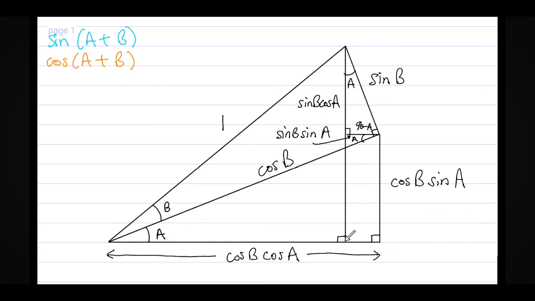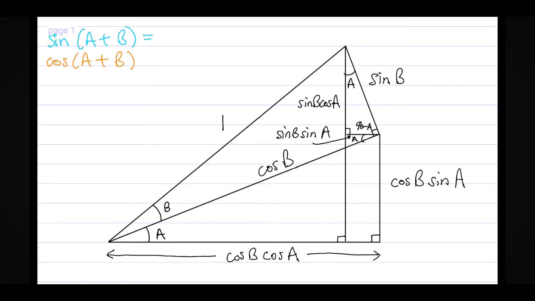But we've already broken up this tall thing into a little piece here, given by this, and a piece here, given by this. We can simply add sine B cosine A, cosine B sine A, and we're going to get our formula. Now typically these are written a little bit differently.